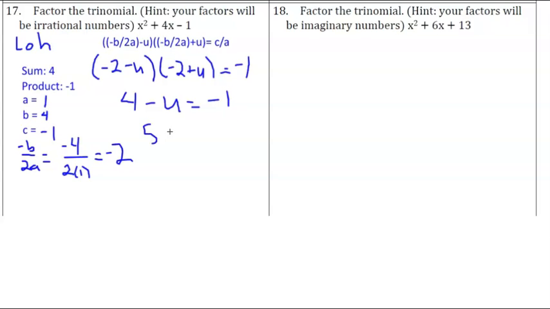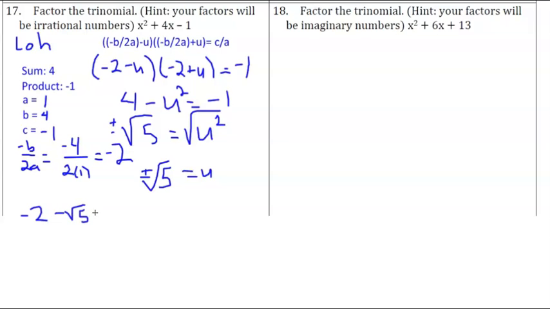So we have 5 equals u squared. From there, we'll take the square root of each side, put a plus or a minus there. U equals positive or negative square root of 5. Plug it back into the formula. You have negative 2 minus the square root of 5, and we have negative 2 plus the square root of 5. Those are our zeros.